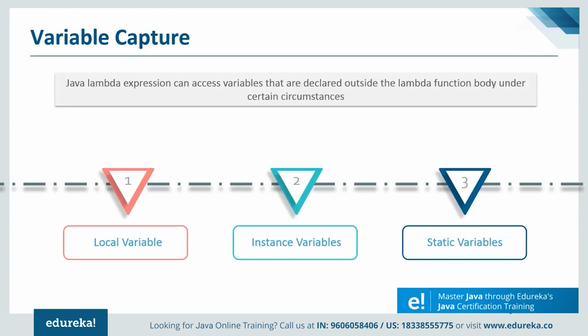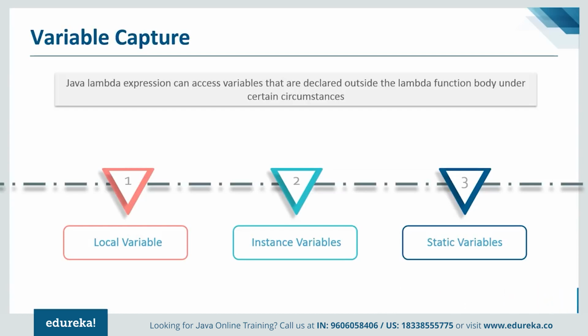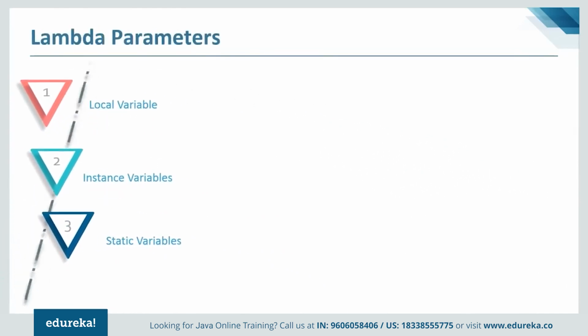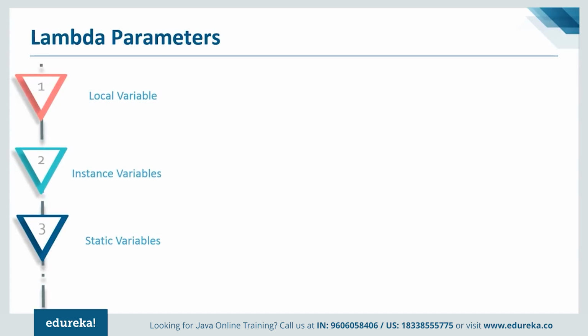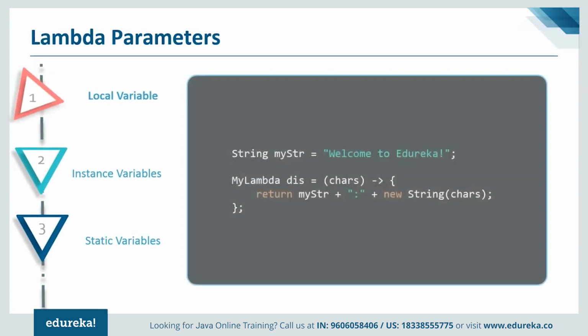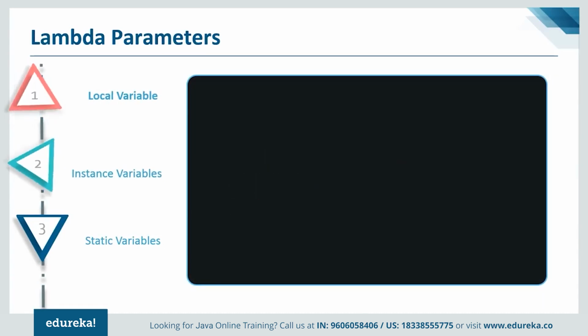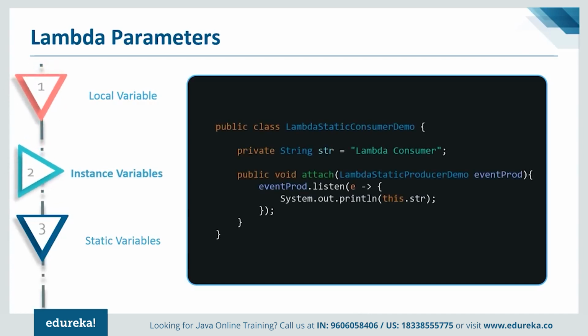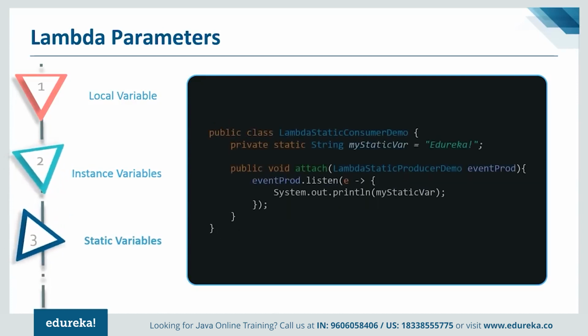When you are doing a computation, you definitely need some variables to define and use here and there. So let's see how we can deal with them. The very first one is a local variable. You can declare variables within the lambda expressions, right? Instance variables: the variable can belong to your object and can be very easily utilized in your lambda expression. We can even have a static variable which can be used in the lambda expression.